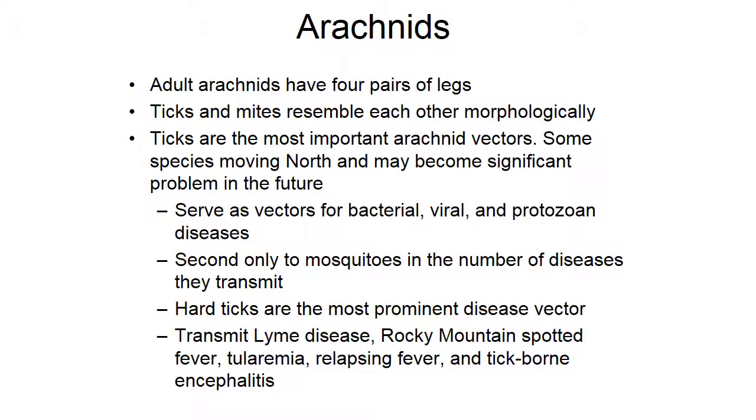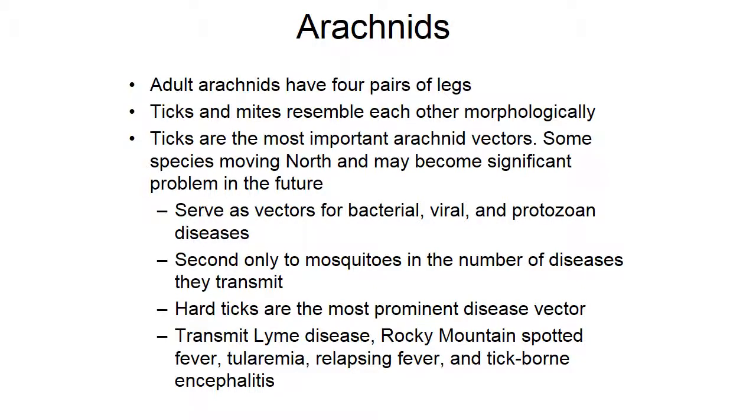Arachnids, notably ticks and mites, are common parasites of livestock and can be a significant health factor as they are a common vector for many serious bacterial, viral, and protozoan diseases. Hard ticks are responsible for transmitting the most serious diseases such as Lyme disease, Rocky Mountain spotted tick fever, tularemia, and encephalitis.